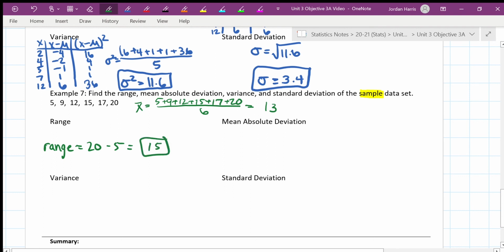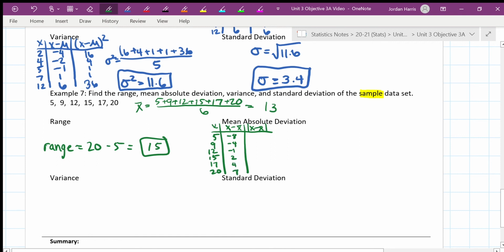For the mean absolute deviation, we have the absolute value of x minus x bar. I'll subtract and get negative 8, negative 4, negative 1, 2, 4, 7.